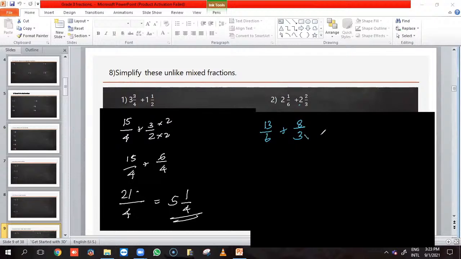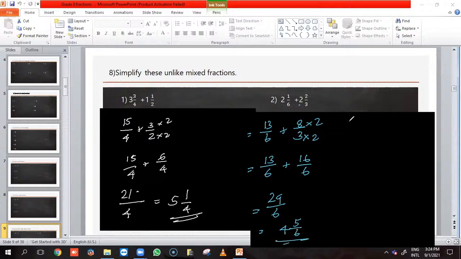So multiply this by 2, this by 2. 13 over 6 plus 16 over 6. 16 and 13, 29 over 6. Now divide 29 by 6. How many 6s for 29? For 24, there are 4. Remaining 5. 5 over 6.